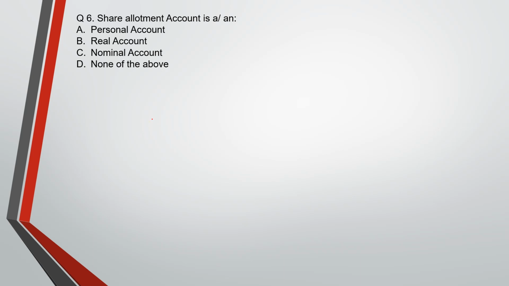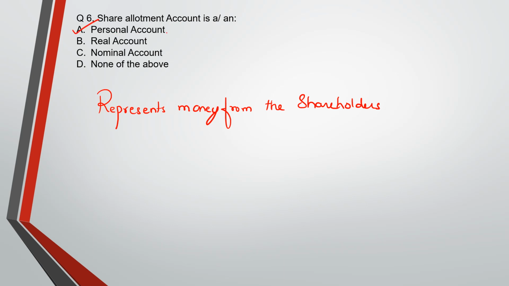Share allotment account basically represents the money from the shareholder. So whatever is the amount which is related to the shareholder, that is being represented by share allotment account, and therefore the right answer would be it's a personal account.